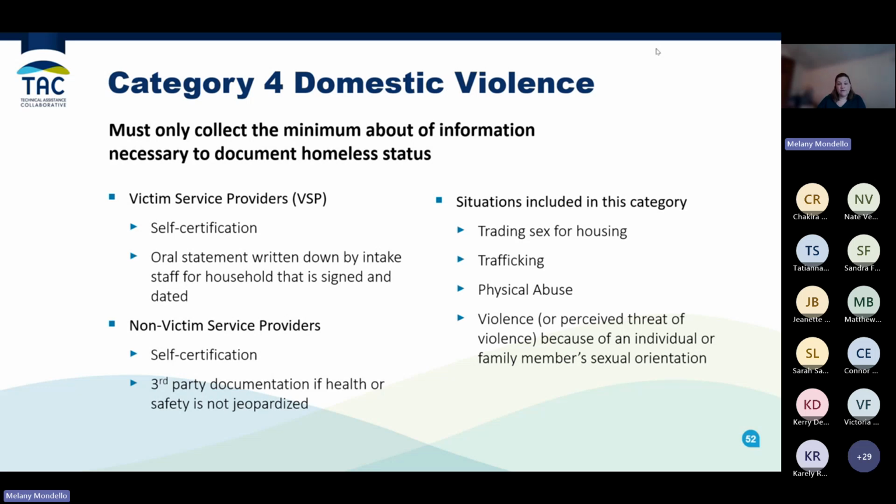If you're a victim service provider, which is a VSP, self-certification is acceptable from the family that's coming to you, or if someone's telling you something verbally, you can write that down, and then the household will sign and date that that's what they told you. If you're a non-victim service provider, self-certification or something from the VSP is acceptable. But again, you're not going to get third party if it's going to jeopardize.